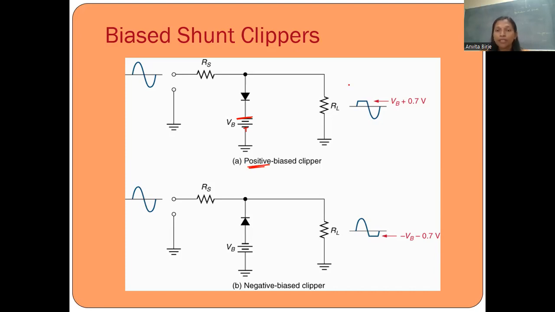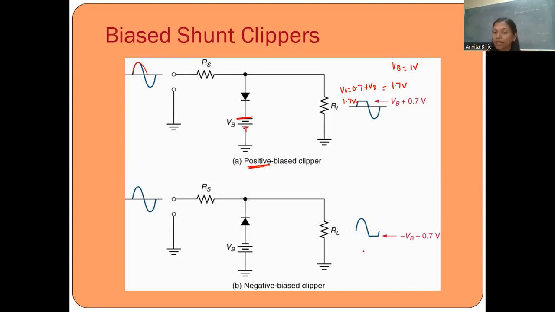Previously we have seen that we are getting the voltage drop of 0.7 during positive half cycle, but we have added the voltage source, so at the output you get 0.7 plus whatever the supply voltage VB. If I am adding VB as 1 volt, my output V0 is 1.7 volt. So here I'll get 1.7 volt. For negative biasing clipper, connection-wise, this is the negative shunt clipper circuit, and I have added the biasing voltage VB.